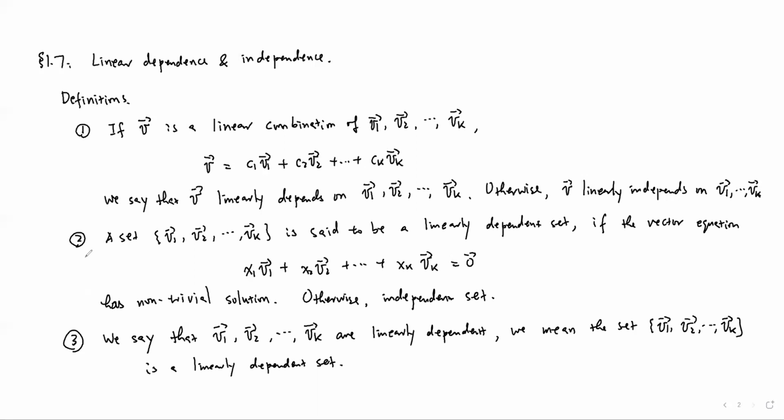Next, theorems. Mathematics: definitions, theorems. How many theorems in this section? But anyway, theorem number 1. Let S be a set of k vectors.